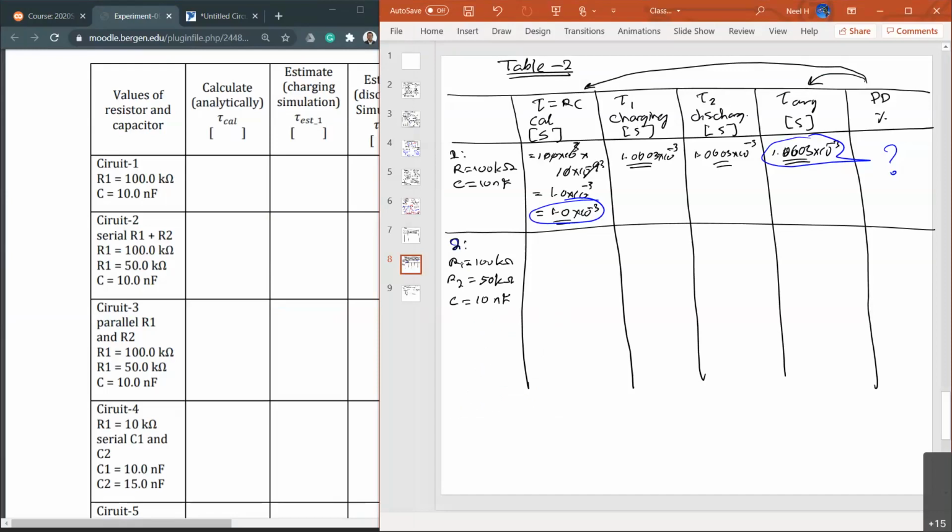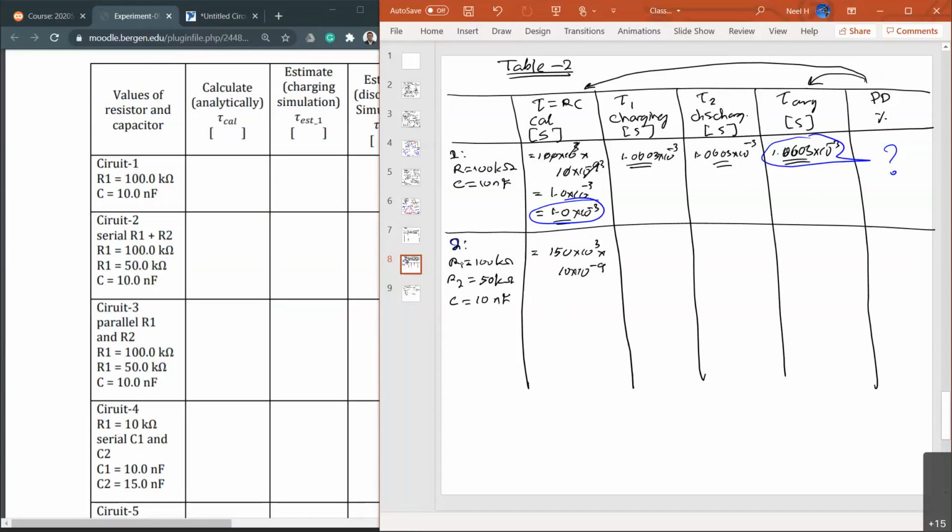Now, if you want to do the calculation, tau is R times C, but now R is two resistors connected in series, which means the R value is 150 because you have to add them together, right? 150 times 10 to the positive 3 multiplied by 10 times 10 to the negative 9.